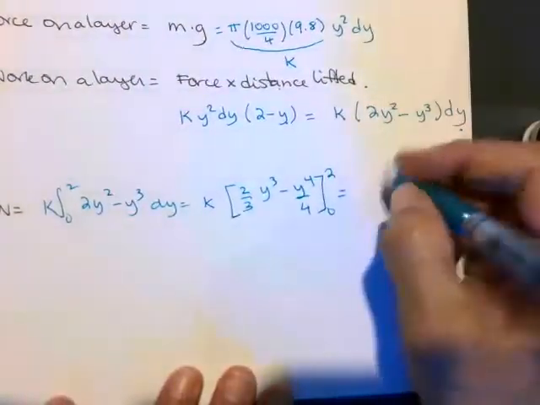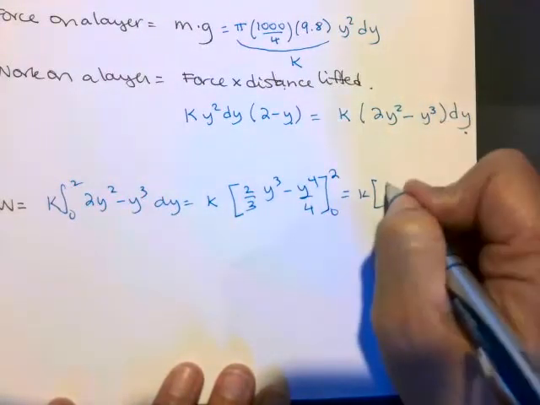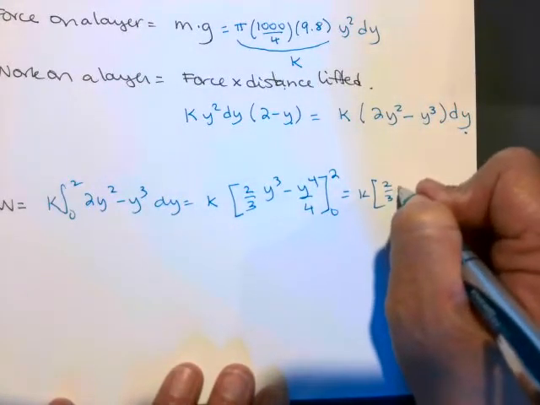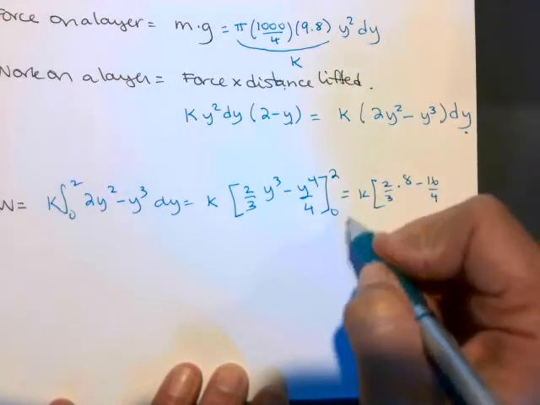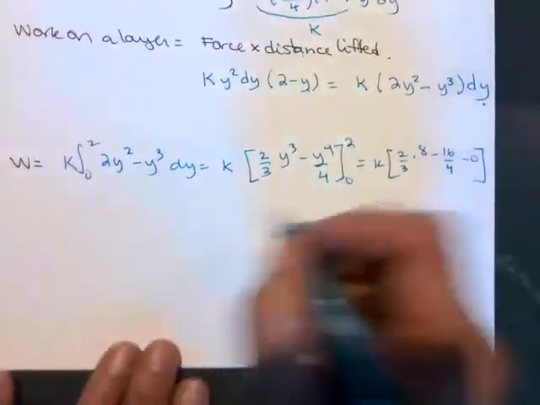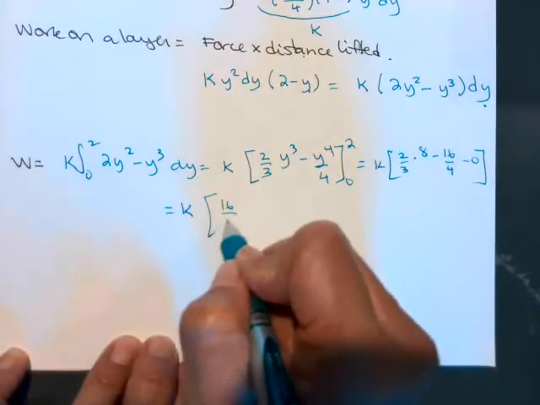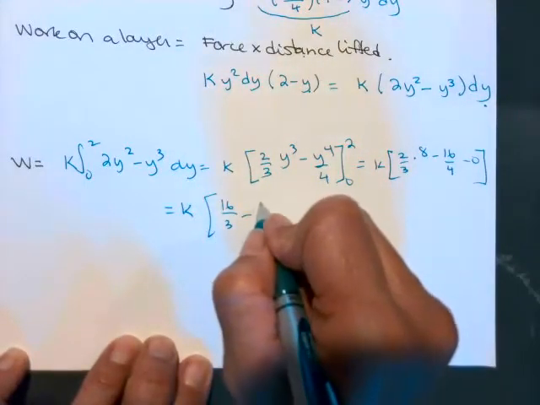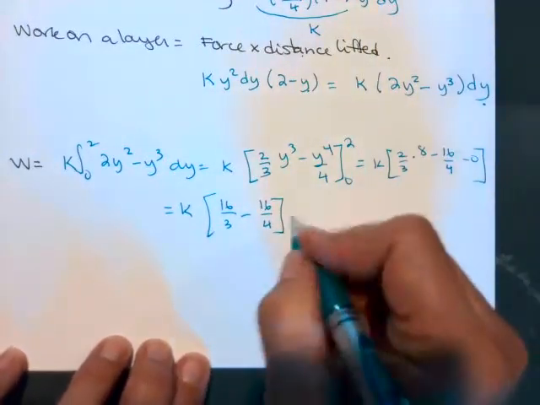So now we have k times 2/3 times 8 minus 16/4. It ends at 0, so minus a 0 there. So we're at k times 16/3 minus 16/4. I know, it's 4, I get it.